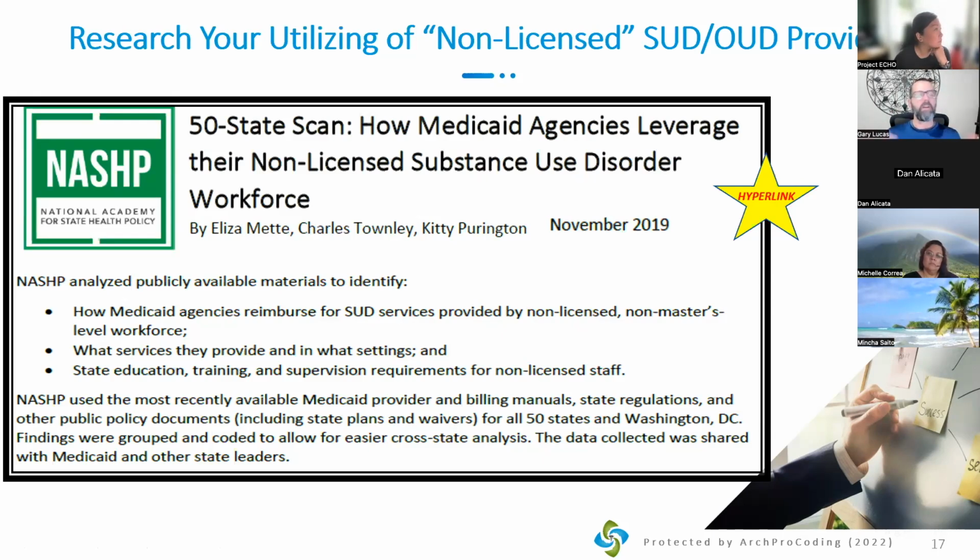Well, one of the codes I'll share with you towards the end of the presentation, and I'll just give it to you here now, H0038, is the only code that I'm aware of. Now, in this case, again, it's an H code, so it's only possibly used by Medicaid. That's the only code that we've been able to find that might cover them.